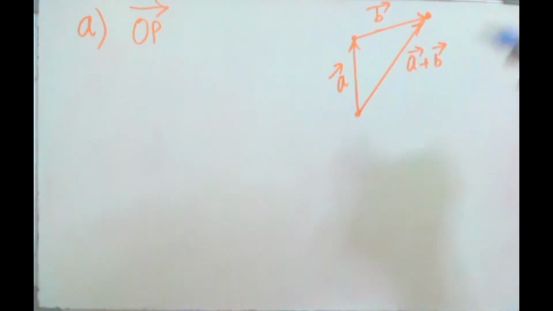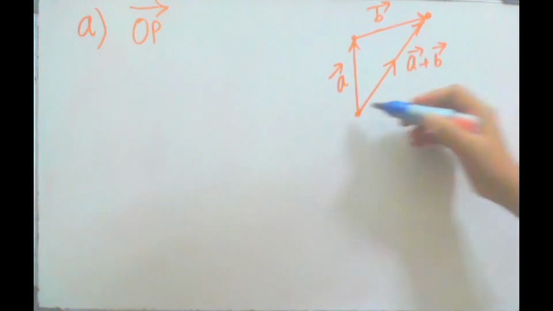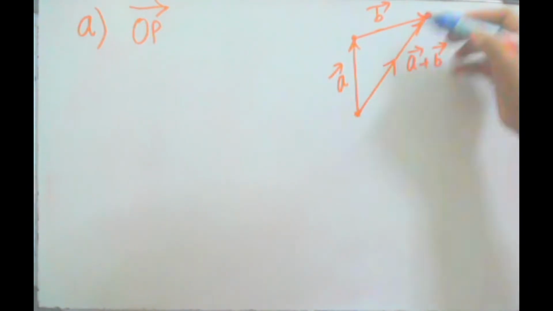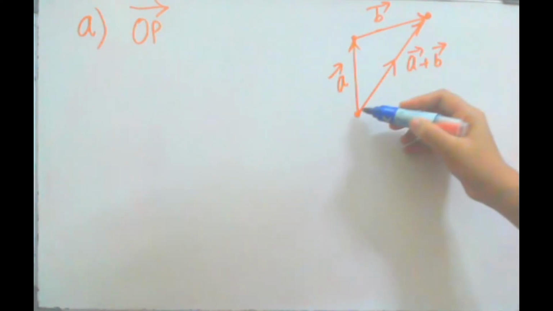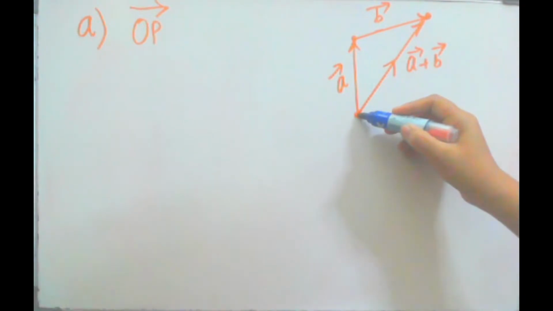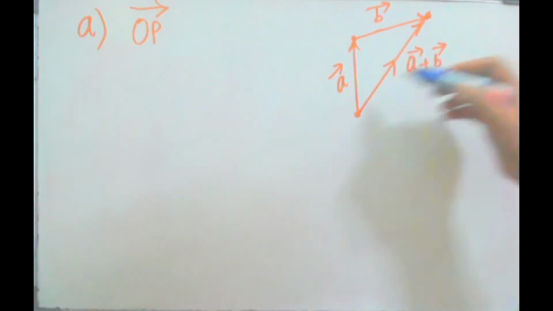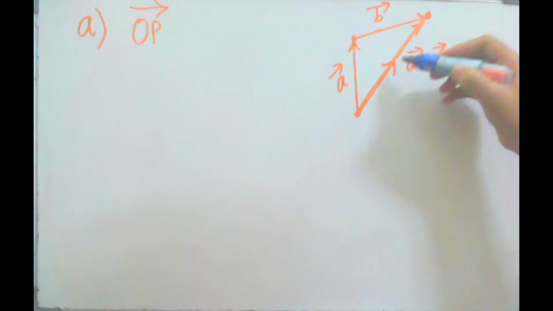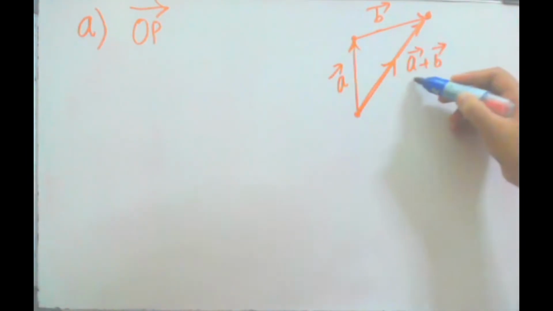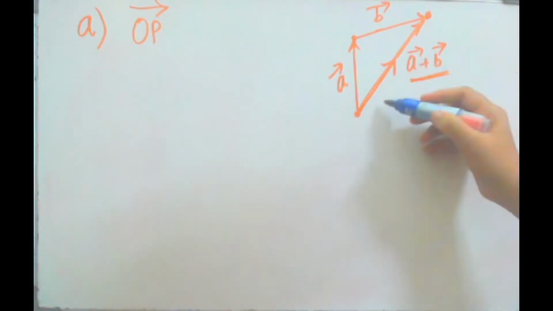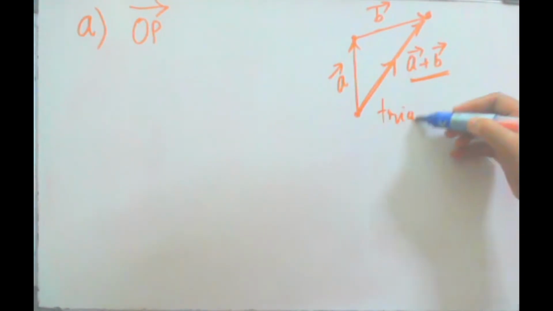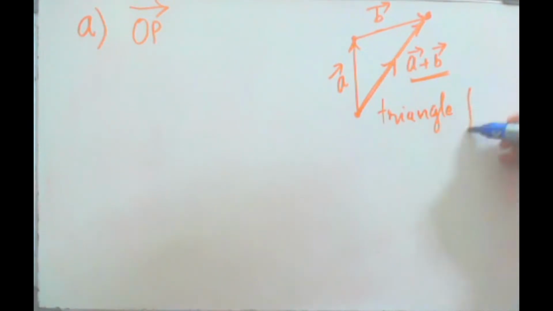If I ask you as a result from where to where he walked, you will coolly answer that he walked from this point to this point. Which path he traversed, which direction he took, doesn't matter. Finally what matters is where he started from and where he has reached. So this vector is the resultant of a and b, which we will represent as a plus b. This is also called the triangle formula of vectors.